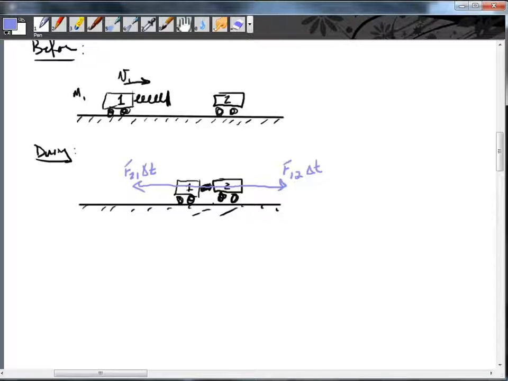So the change in the momentum of 1 is equal to the negative change in momentum of 2. If we add them together, they equal 0.